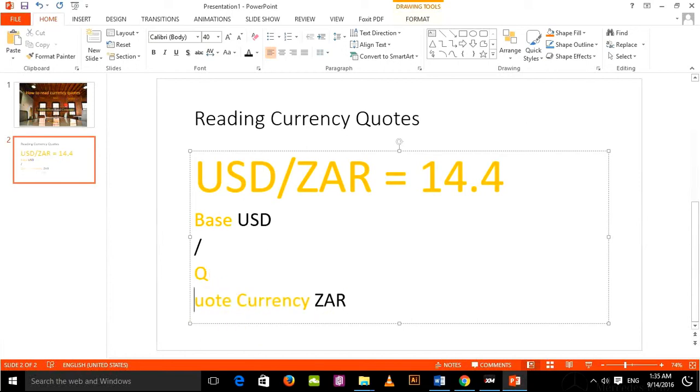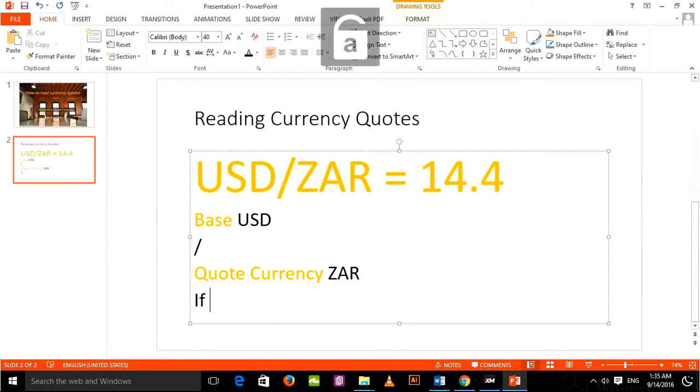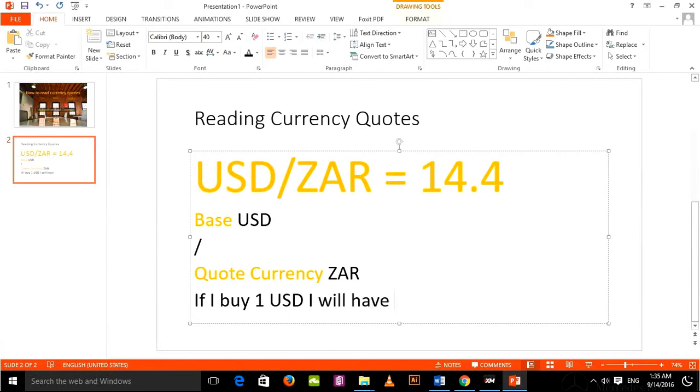Currency pairs simply mean the following. If I buy $1 US, I will have to pay 14 rands 40 cents.